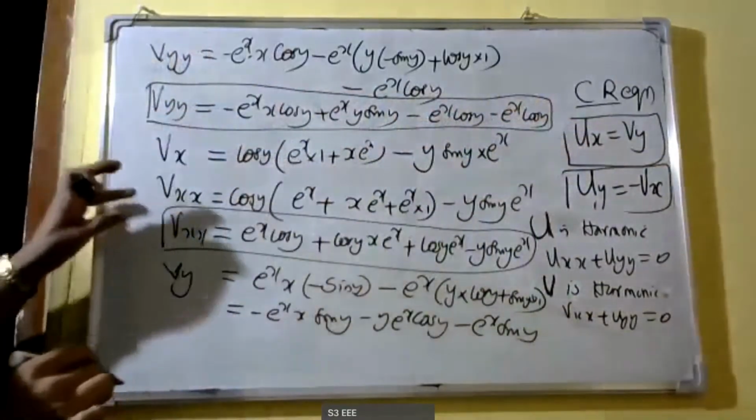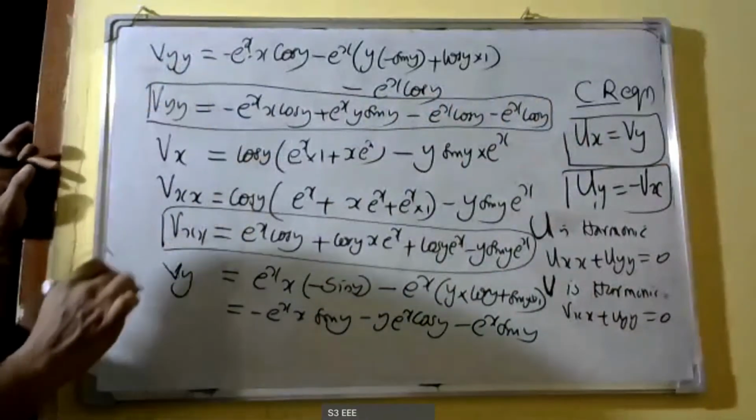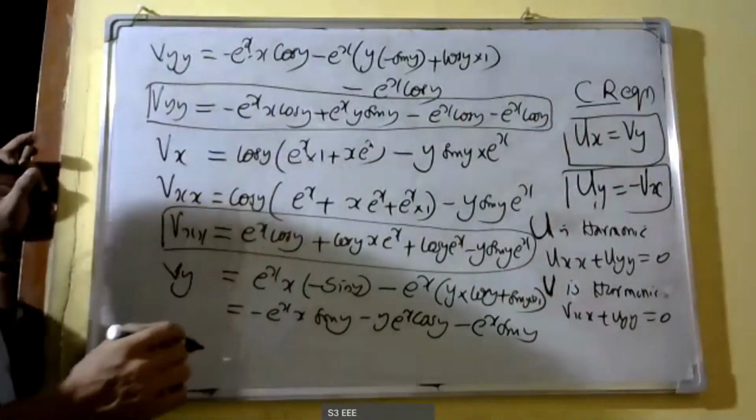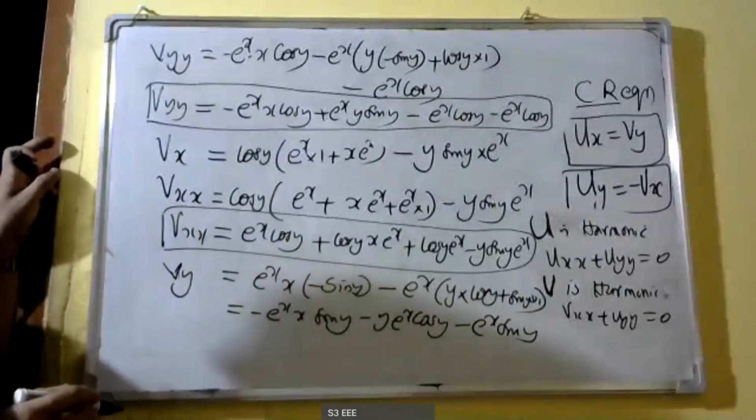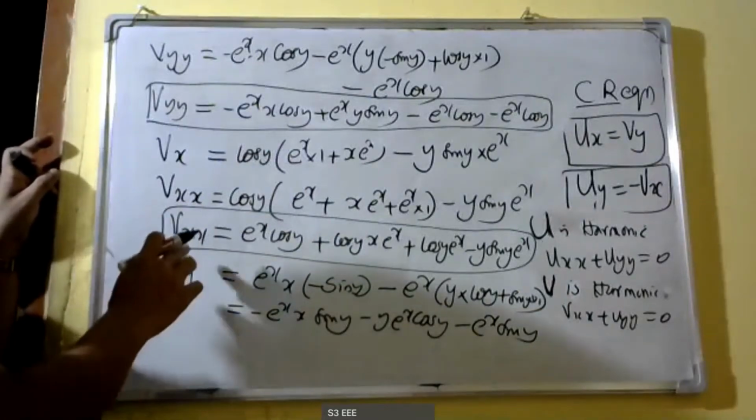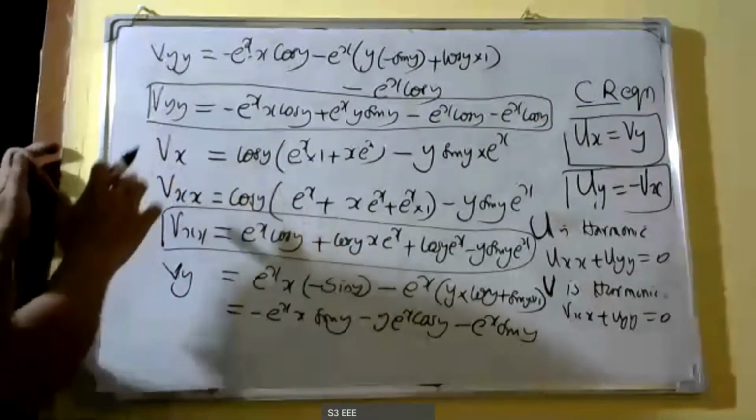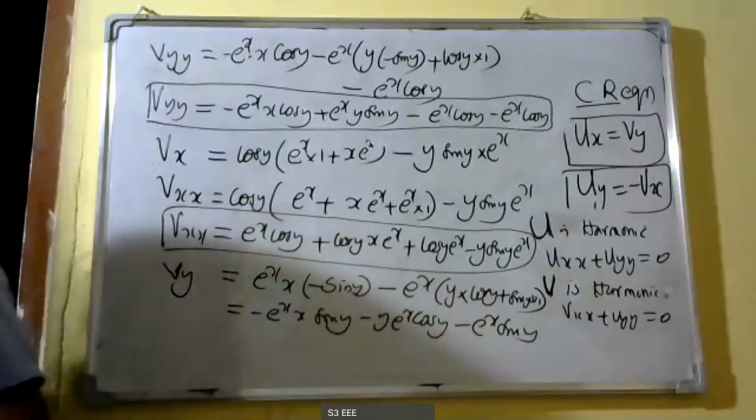Then adding Vyy and Vxx, the answer will be 0.